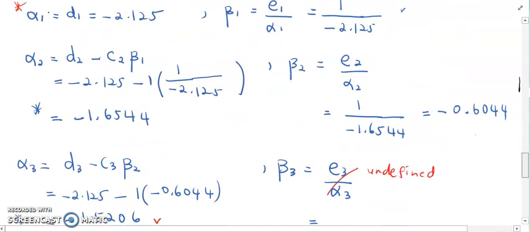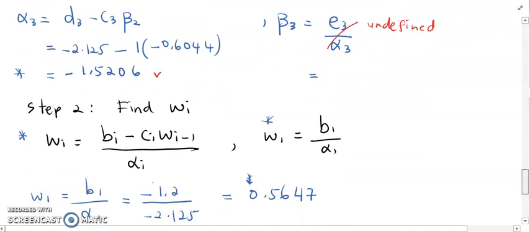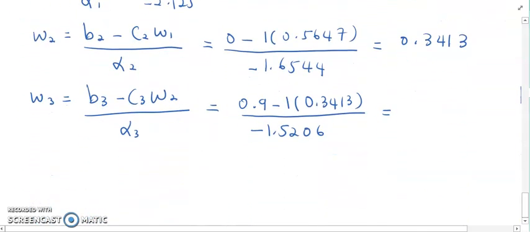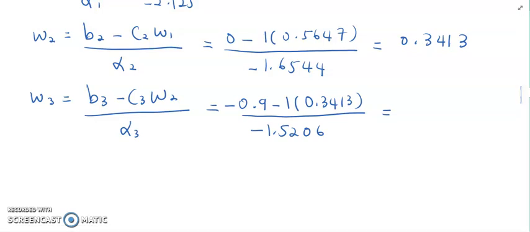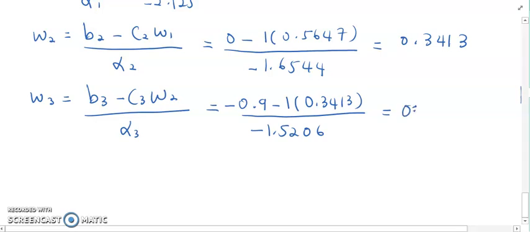So my B3 is negative 0.9, and my W3 is 0.8163.